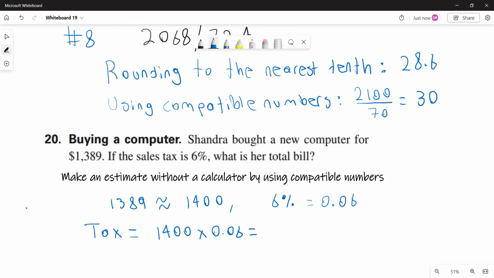If you cannot get this right away, we can use the distributive property. 1,400 is 1,000 plus 400. And by the distributive property, this is 1,000 times 0.06 plus 400 times 0.06.